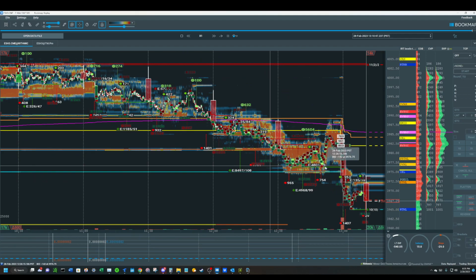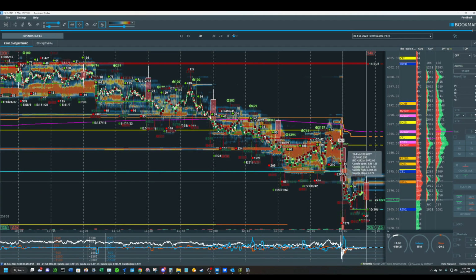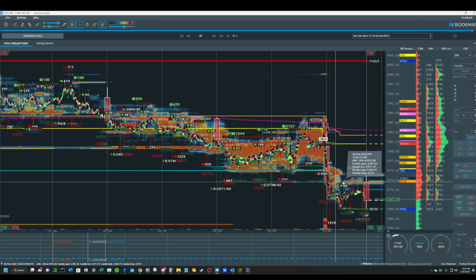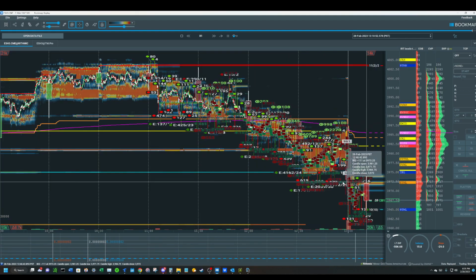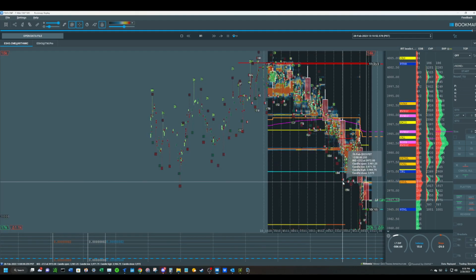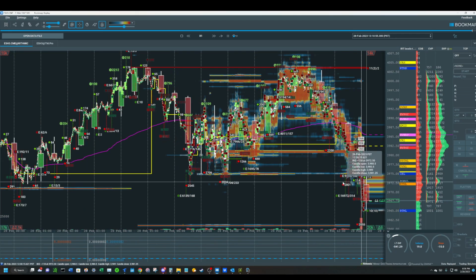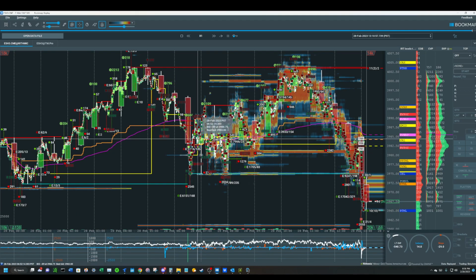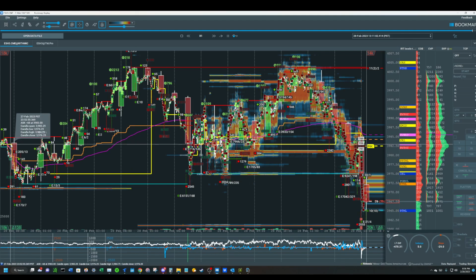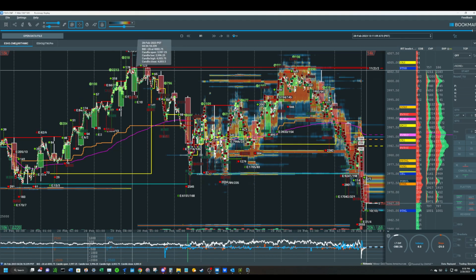What kind of order flow stuff can I look at in here? Let's see, that was overnight. And then we kind of went up to 4,000, which was kind of a price.